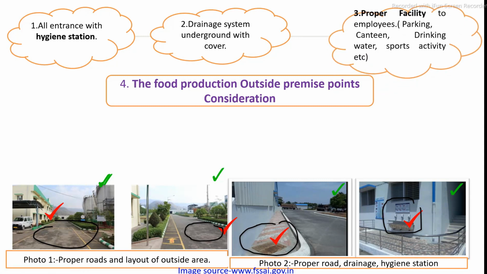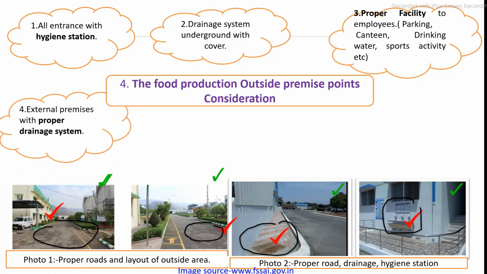Then proper facility for the employees with respect to parking facility, canteen, drinking water, sports activity, etc. As per the specific industry, there should be provision of a proper garden and proper road system. Then external premises with the proper drainage system.